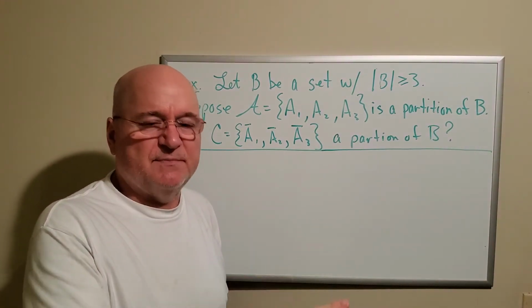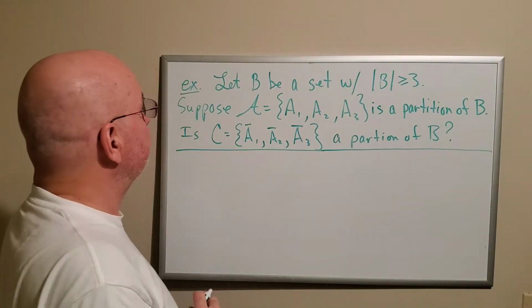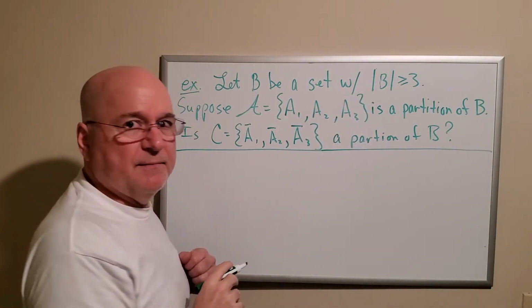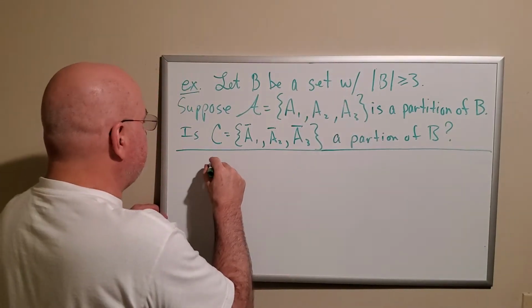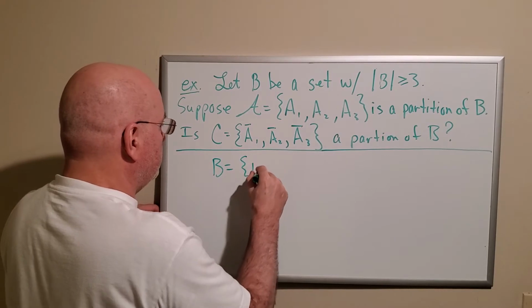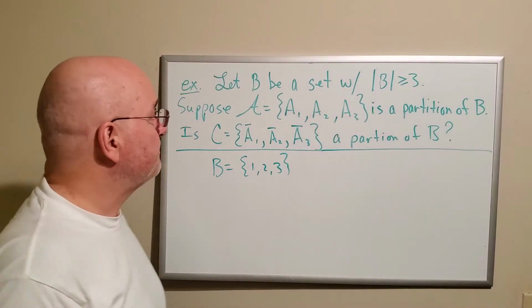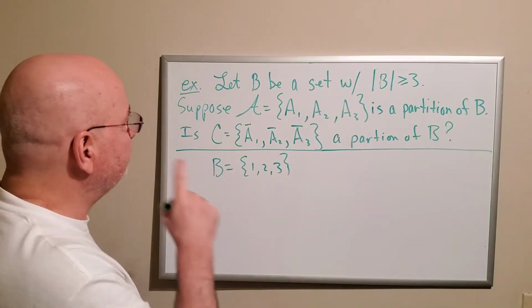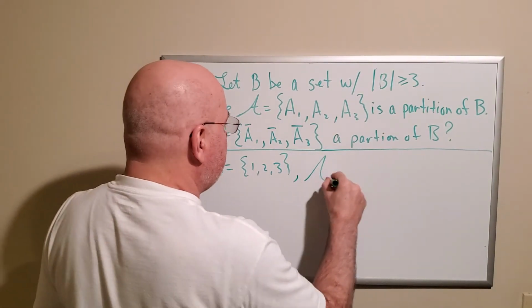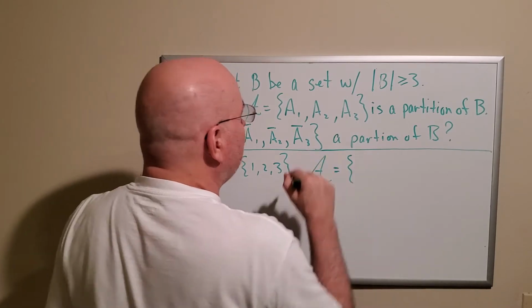Let's do possibly the simplest example that there is. B has at least 3 elements. I'm going to say B is equal to the set 1, 2, and 3. Now, let's make A a real simple partition.